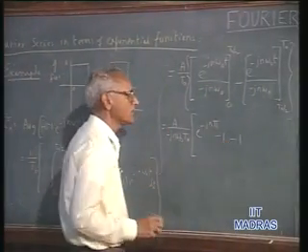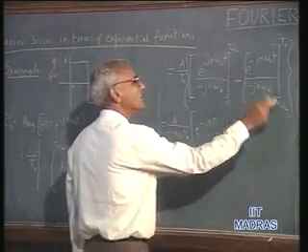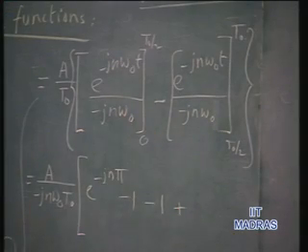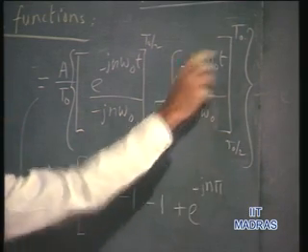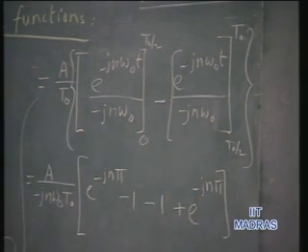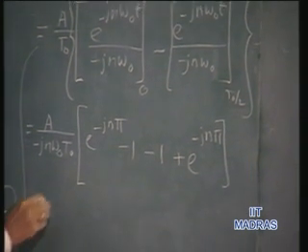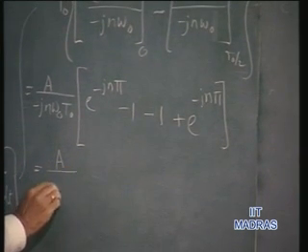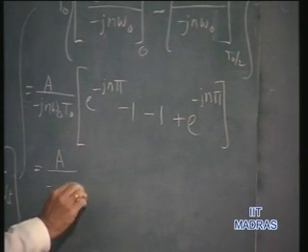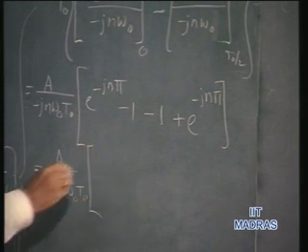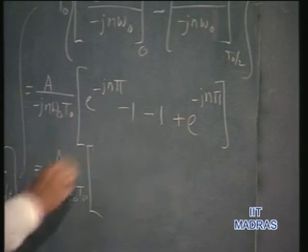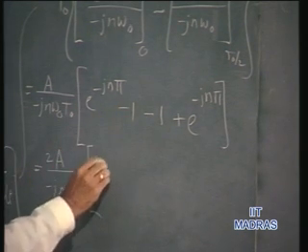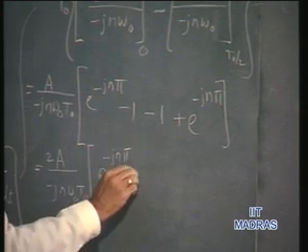Therefore that is minus 1, and for the lower limit, because of the minus sign it becomes plus e to the power of minus jn pi, because T naught upon 2 multiplied by omega naught equals pi. These can be combined into 2 times e to the power of minus jn pi minus 2, therefore 2A times e to the power of minus jn pi minus 1.